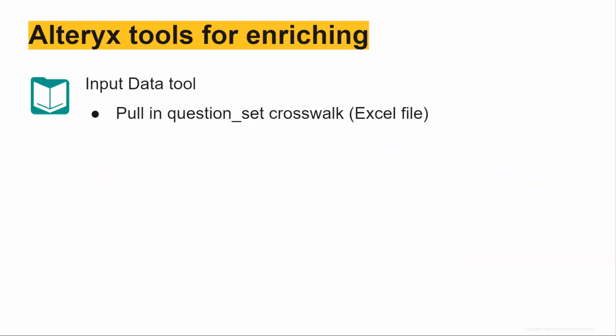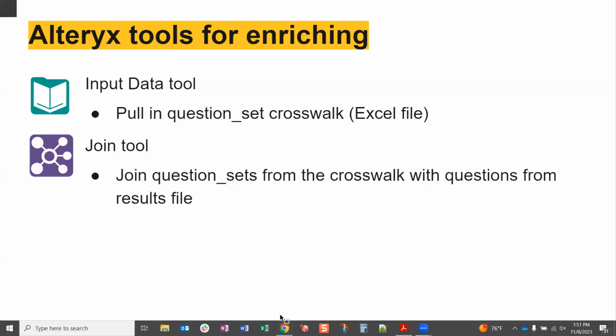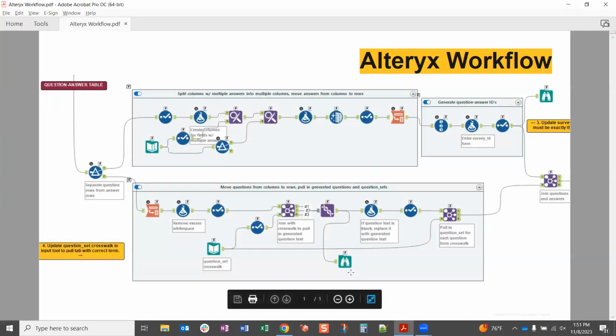We used an input data tool to pull in that Excel file into our Alteryx workflow, and then a join tool to join it with the rest of the data. So right here is our input tool that pulls in the question set crosswalk. Here's the join tool that joined it with the rest of the data in the workflow.